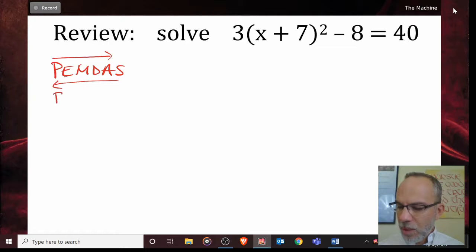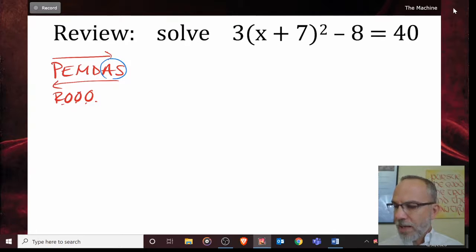So we are now doing reverse order of operations. The first thing I have to do to extract the root is take care of things that are added or subtracted from the variable group, or the package, so to speak. I need to take care of minus 8 first.